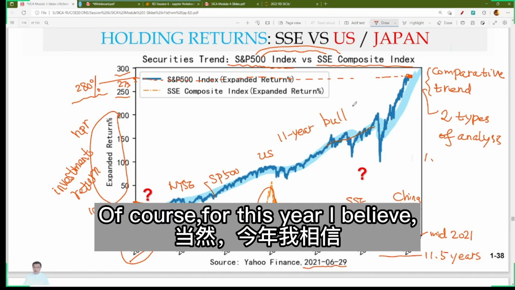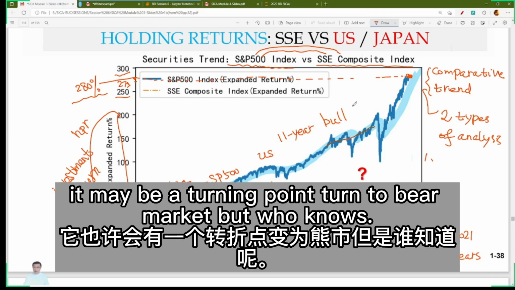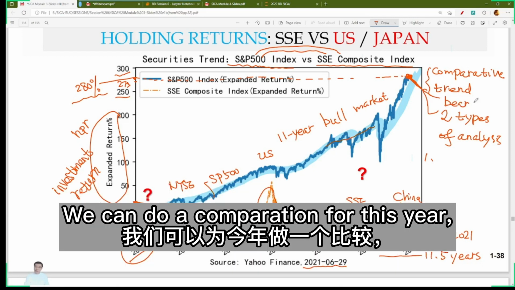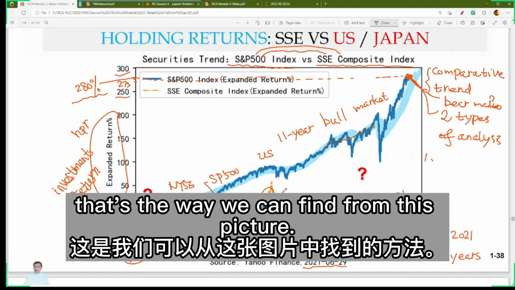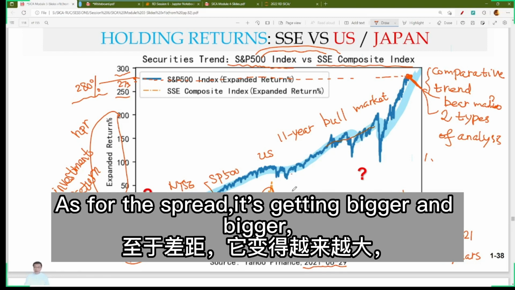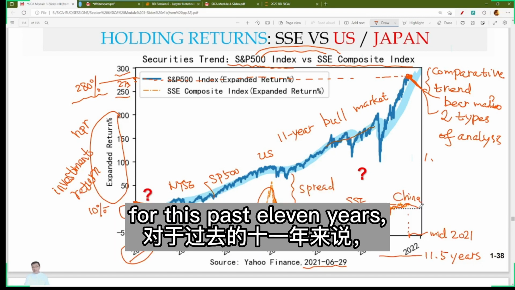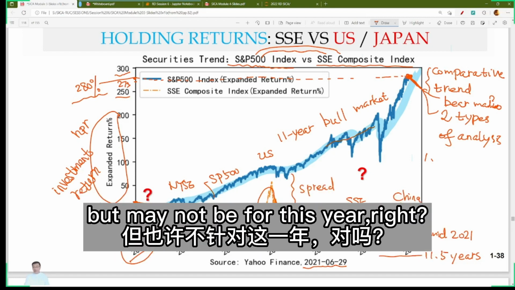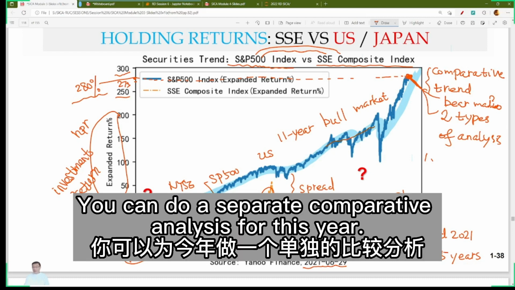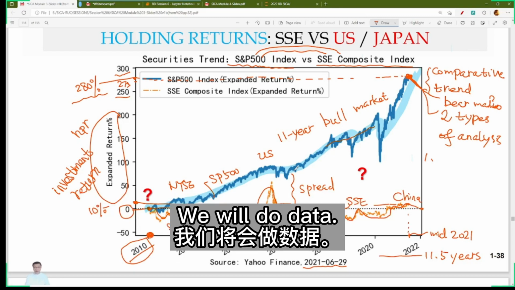Of course, for this year, I believe it may be a turning point, turning to a bear market, but who knows? We can do a comparison for this year. That's what we can find from this picture. As for the spread, it's getting bigger and bigger for the past 11 years, but may not be for this year, right? We can do a separate comparative analysis for this year. We will do it later.